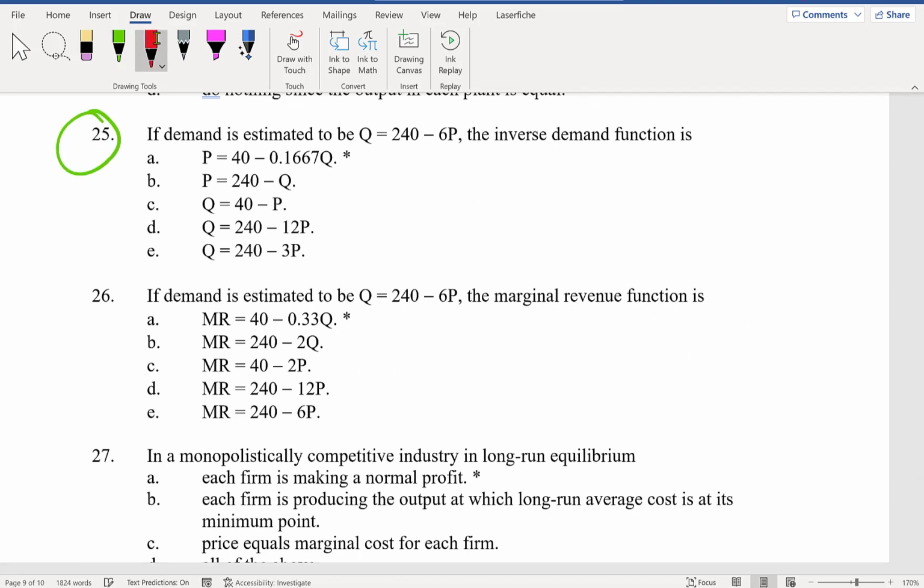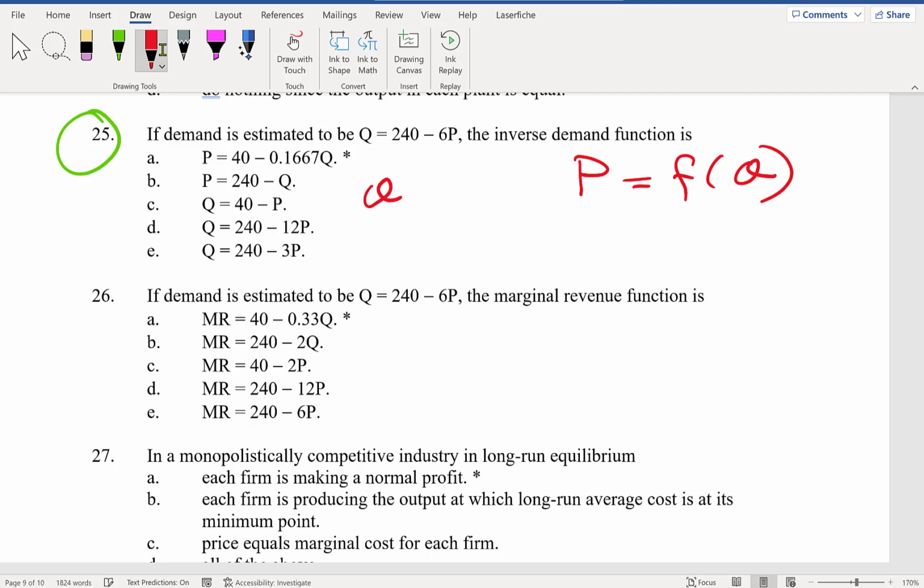If the demand is estimated to be Q equals 240 minus 6P, the inverse demand function basically means price as a function of quantity. So I'm just going to leave price by itself. It's not hard at all.